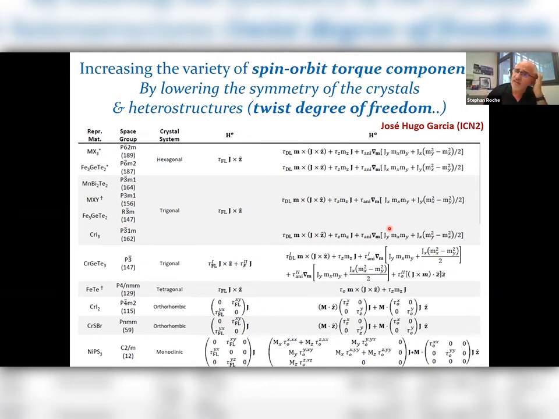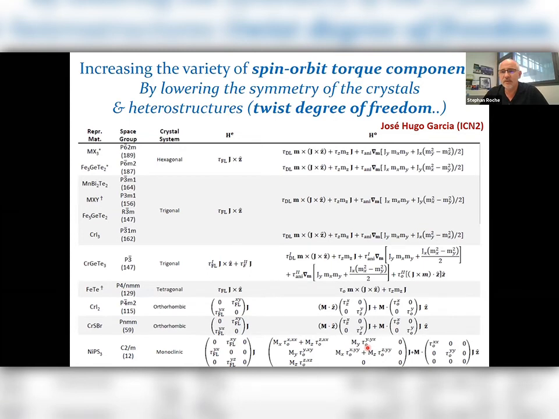So it turns out that there are possible ways to optimize the type of heterostructure you have to fabricate in order, for instance, to generate many different possible spin-orbit torque components, and especially to achieve components that will allow a switching of the magnetization of the materials of interest at zero magnetic field, which is a kind of grail.